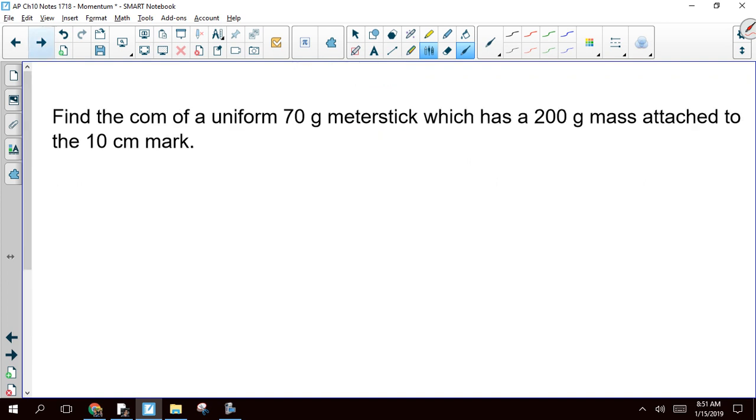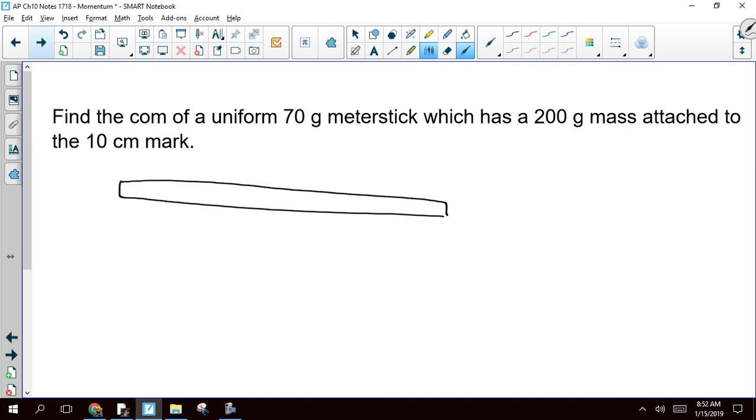So here's a real simple example. Suppose we're trying to find the center of mass of a uniform 70-gram meter stick that has a 200-gram mass attached to the 10-centimeter mark. So here is our meter stick: 10, 20, 30, etc., 50, 60, 70, 80, 90, 100.